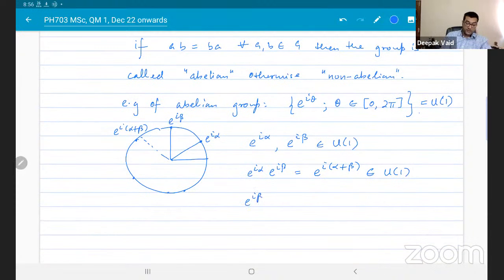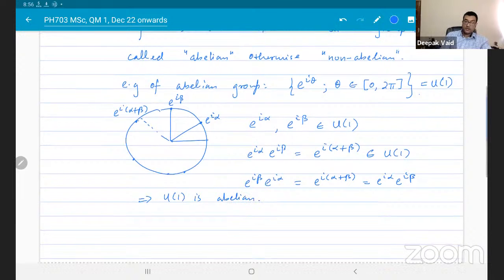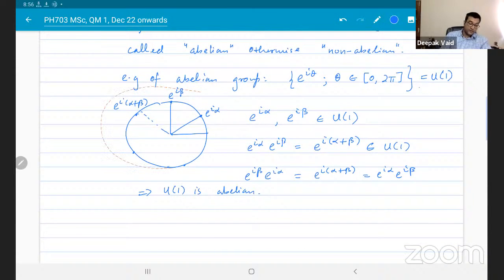But what if I take e to the i beta, e to the i alpha? It will give me the same answer, right? So this is an abelian group. U1 is abelian. Now, can anybody tell me what is the physical meaning of this group?